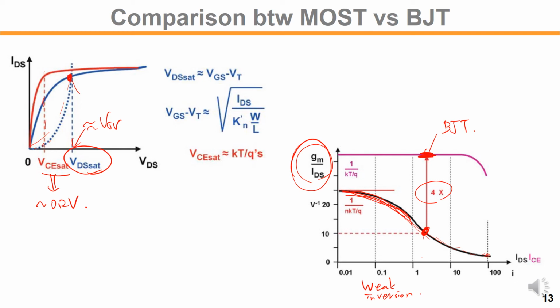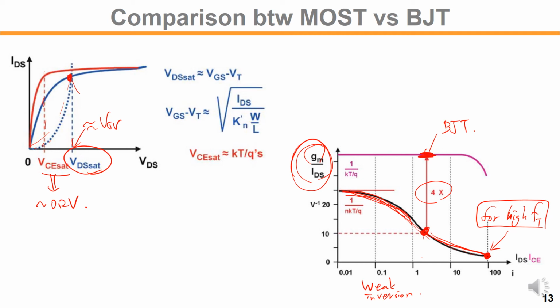For maximum FT, you want to maximize the GM and also increase the current, which makes the GM efficiency poor. So this lower efficiency point is used for high speed, for high FT devices, right?